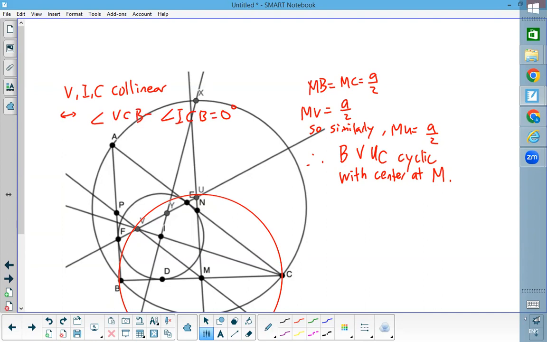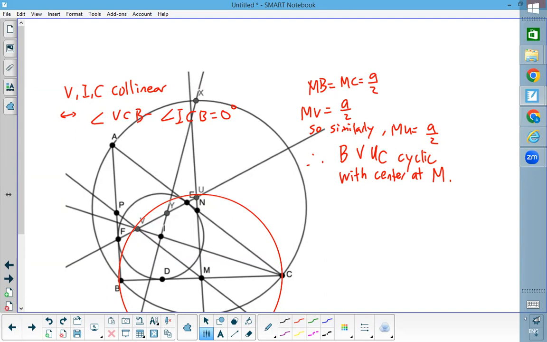We want to show that the two angles are actually the same angle, so we do a subtraction and see that it's the same angle.